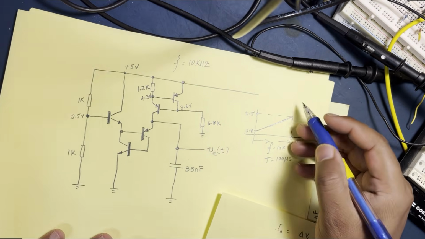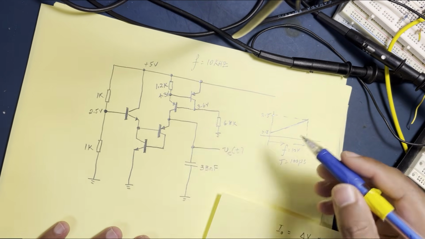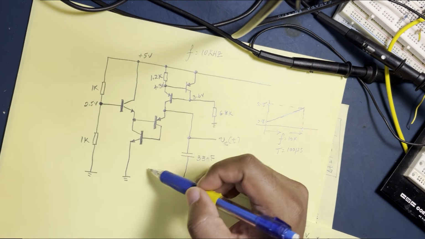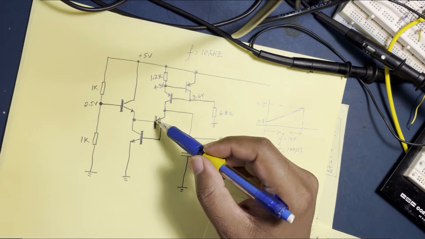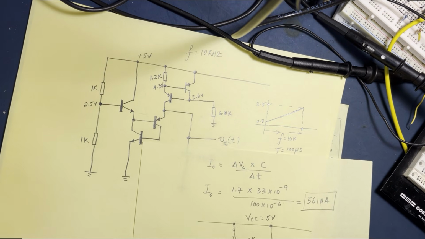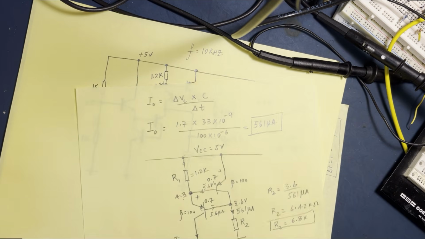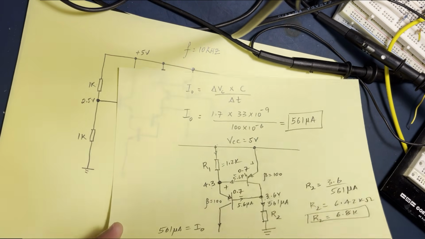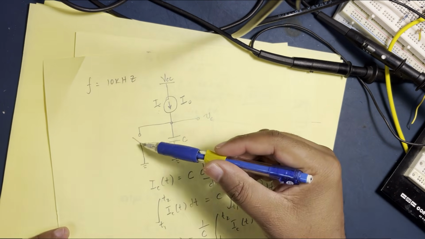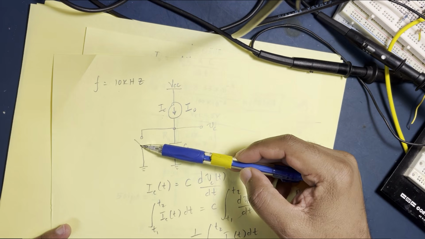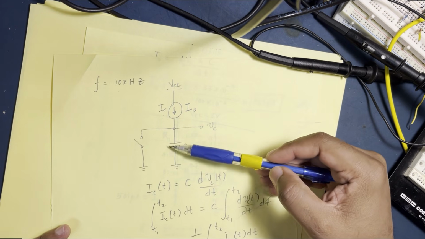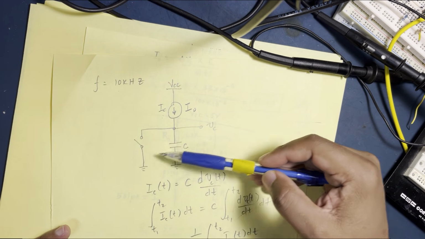Now, there's going to be a slight error in that because we didn't take into account the discharge time, right? How long does the switch here take? We didn't take into account, when it switches on, how long it takes to discharge this capacitor.